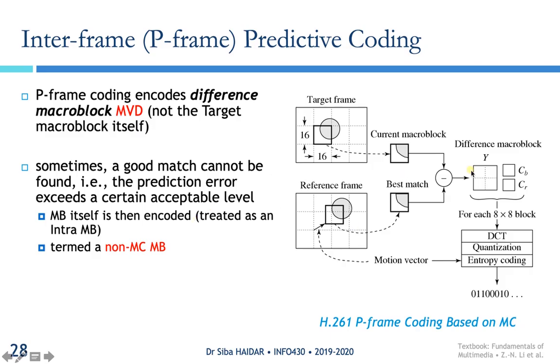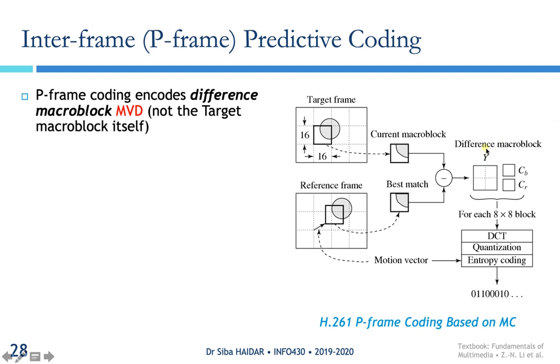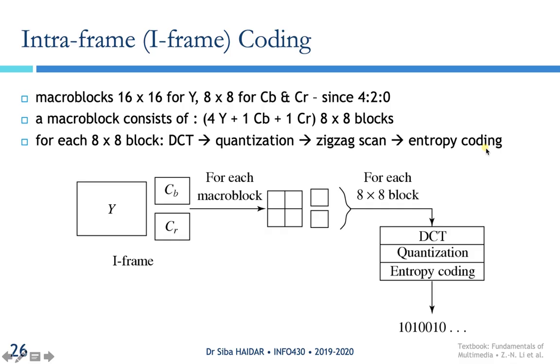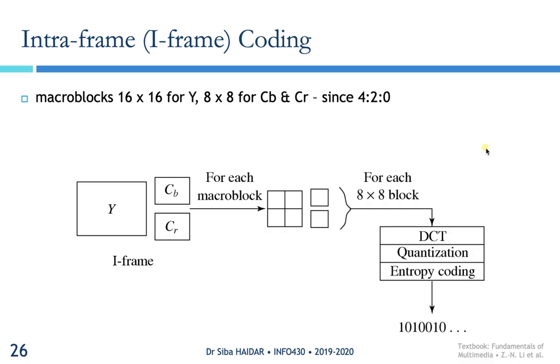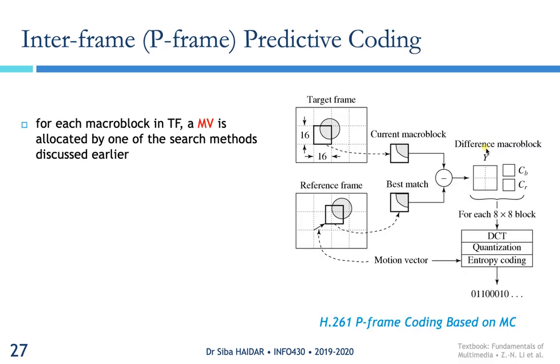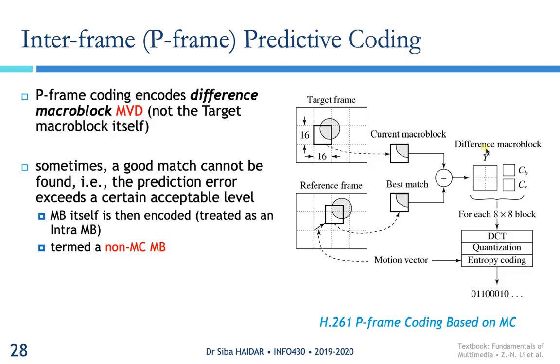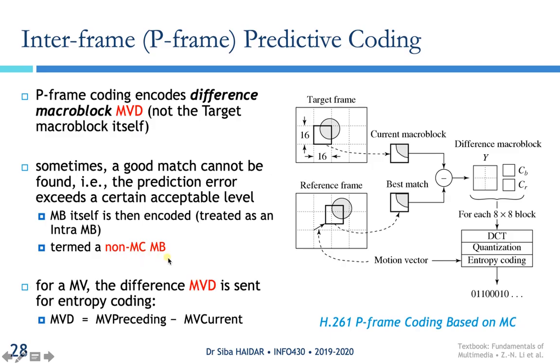You take the special macro block for which you didn't find an acceptable prediction, and you code it as if it were inside an intra-frame, as if it were a macro block from the previous procedure in the previous slide. This will be termed a non-motion compensation macro block.